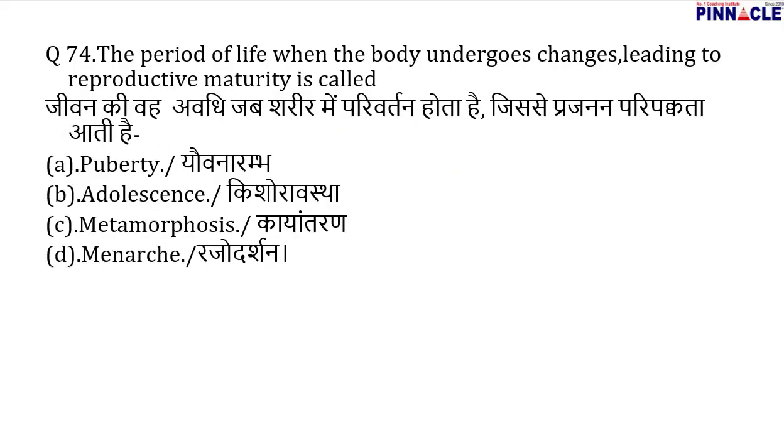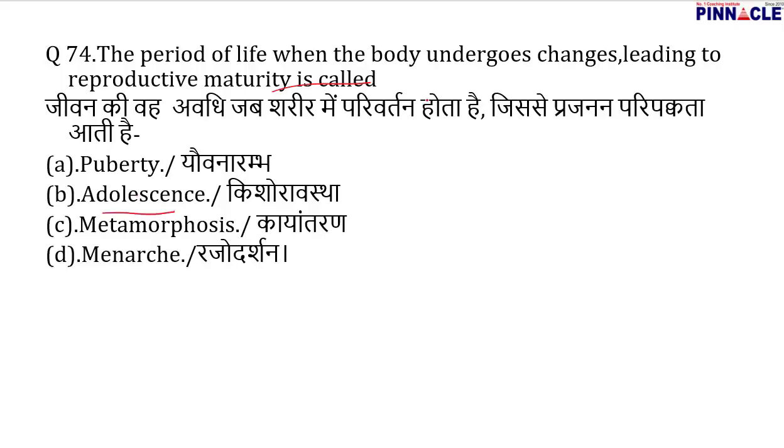Moving to question number 74: the period of life when the body undergoes changes leading to reproductive maturity is called what? That particular period in which our body undergoes a lot of changes and our sexual organs or reproductive system matures or develops is said to be adolescence.